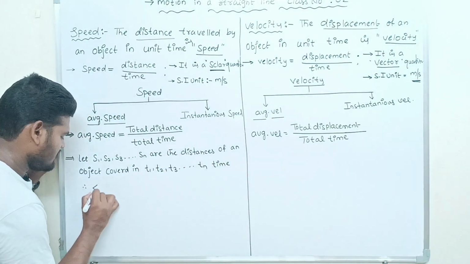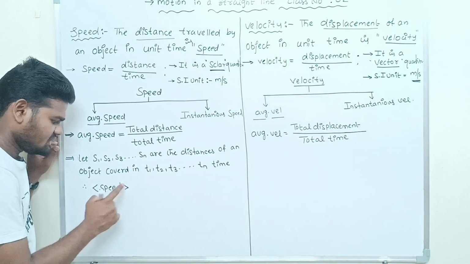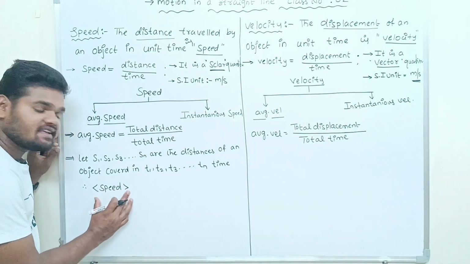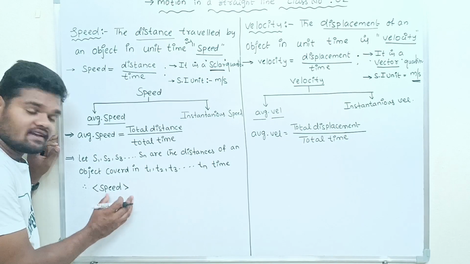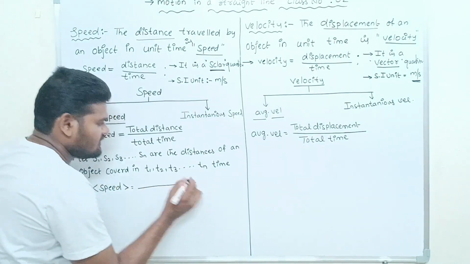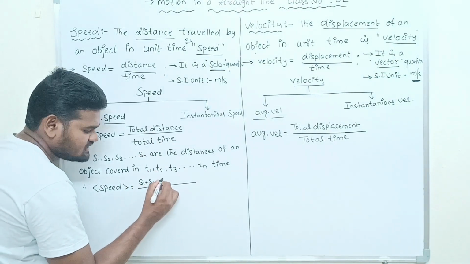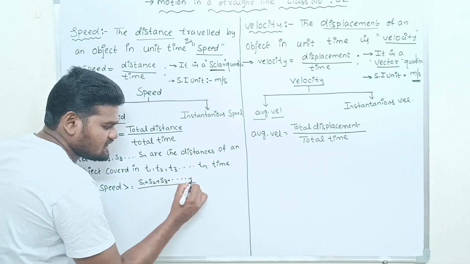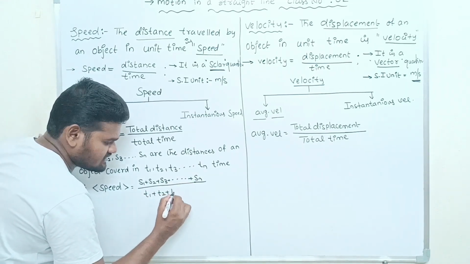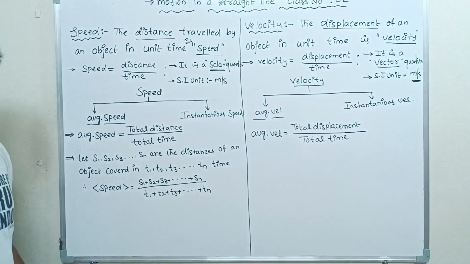Therefore, the average speed, this is a symbol for average. If any physical quantity is placed in these brackets, it means average. Average speed is equal to total distance, S1 plus S2 plus S3 plus and so on plus Sn, divided by total time T1 plus T2 plus T3 plus and so on plus Tn. So this is called average speed.